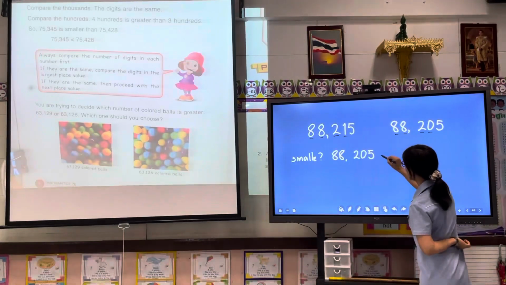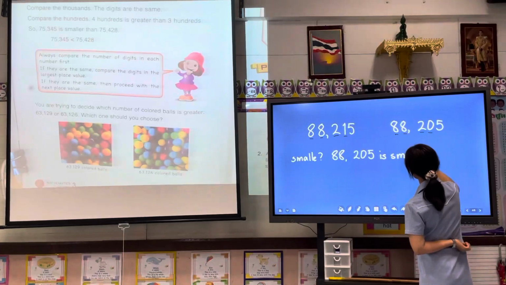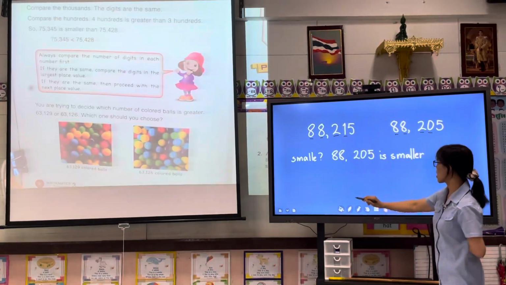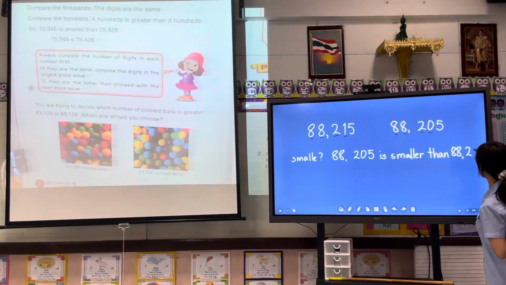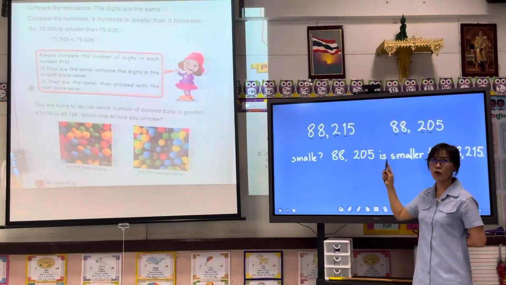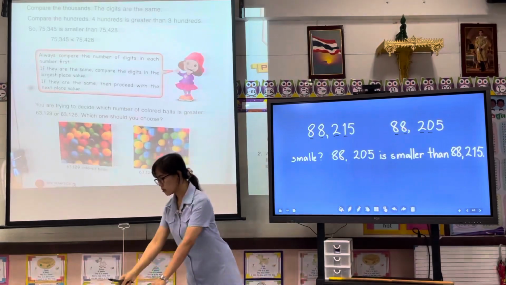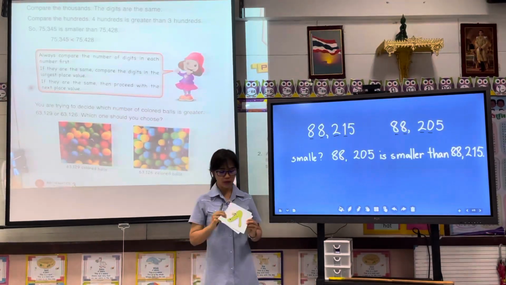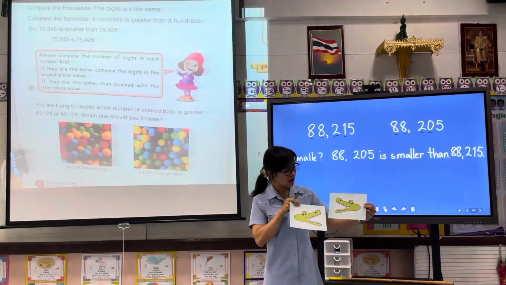So we're going to write 88,205 is smaller than 88,215. This is in sentence form. Now, using our comparison symbol, which sign is smaller?